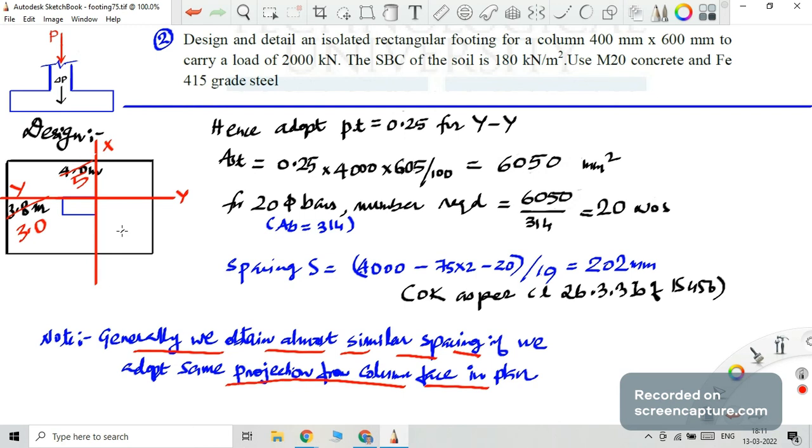Okay, try to do the same thing. Steps are one and the same. Just replace the numbers 3.8 with 3, 4 meter with 5. That's all. You can try that as a practice.